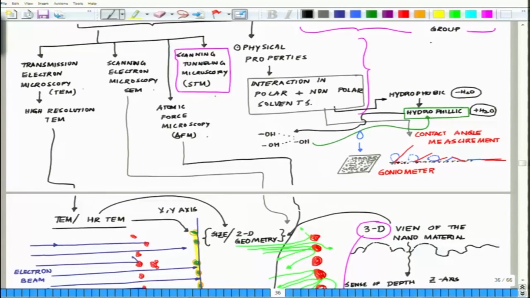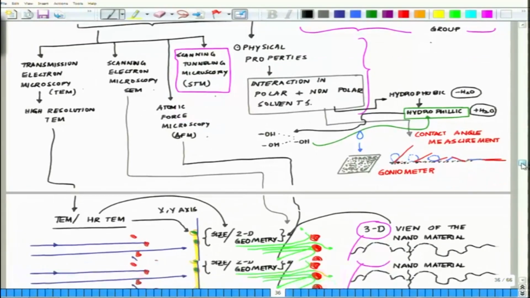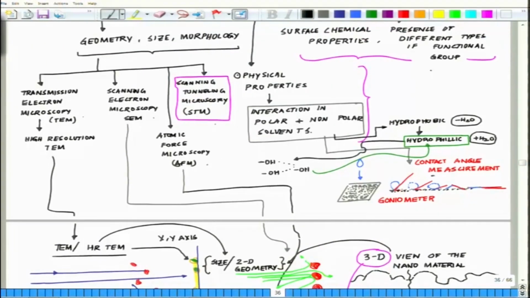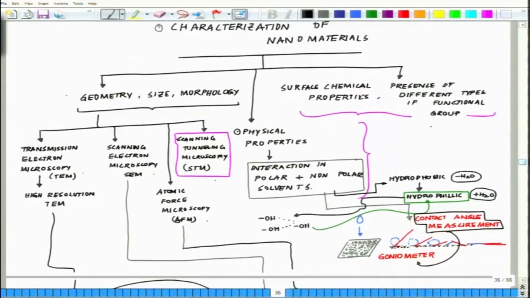You can figure out the hydrophilicity and hydrophobicity of the surface using contact angle measurements and an instrument called a goniometer. Apart from it, to figure out the geometry, size and morphology, you have transmission electron microscopy, scanning electron microscopy, scanning tunneling microscopy, and atomic force microscopy.